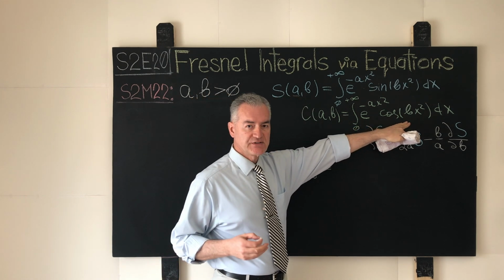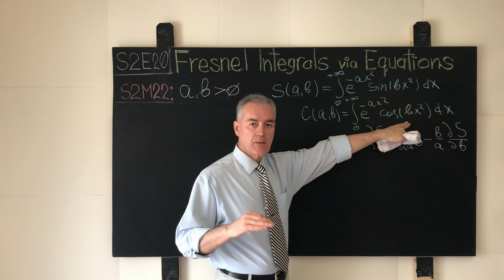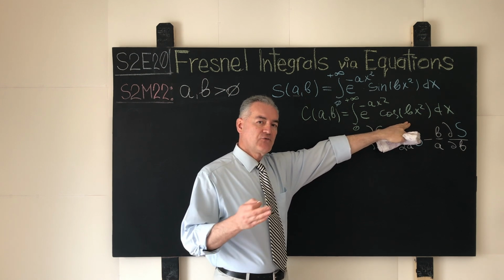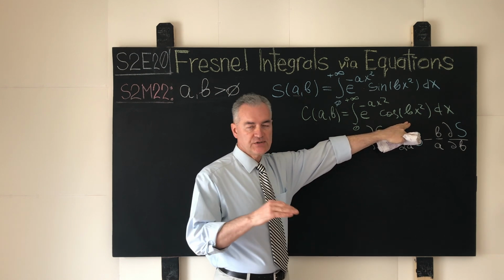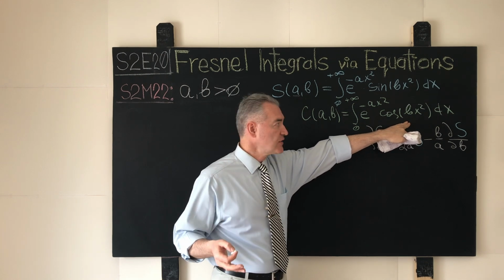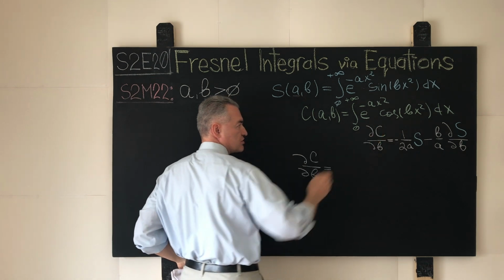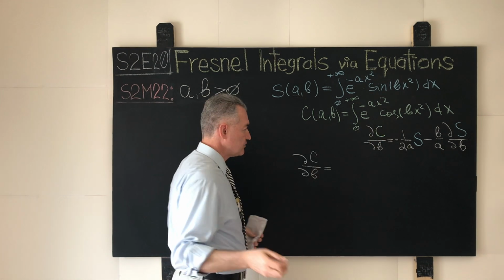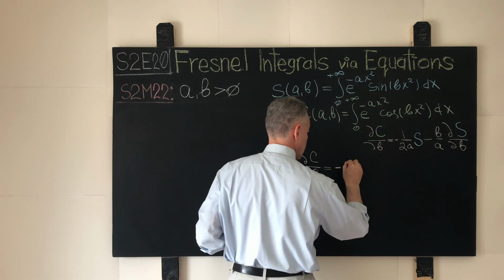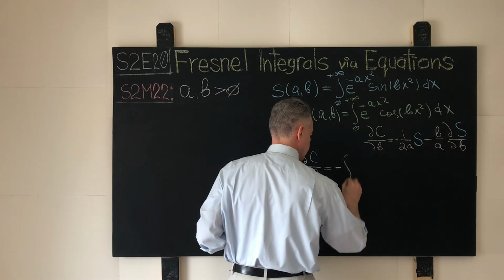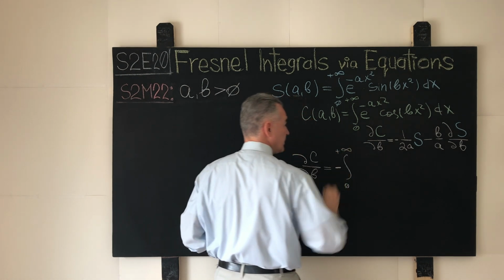So here we have a composite function. We know the first derivative of a composite function is the first derivative of the outer function times the first derivative of the inner function. The first derivative of cosine is negative sine. So we write down minus the integral from 0 to positive infinity.